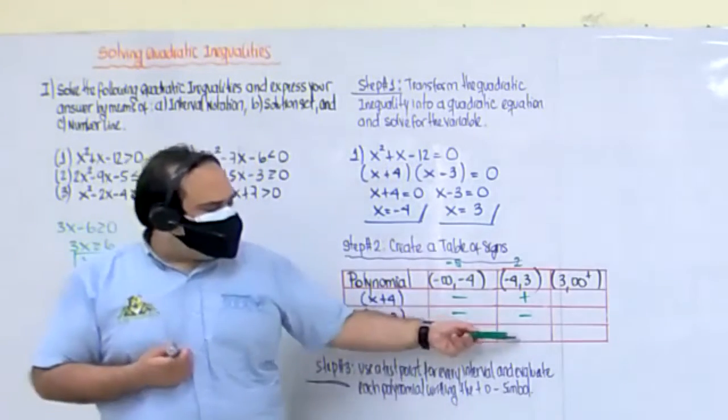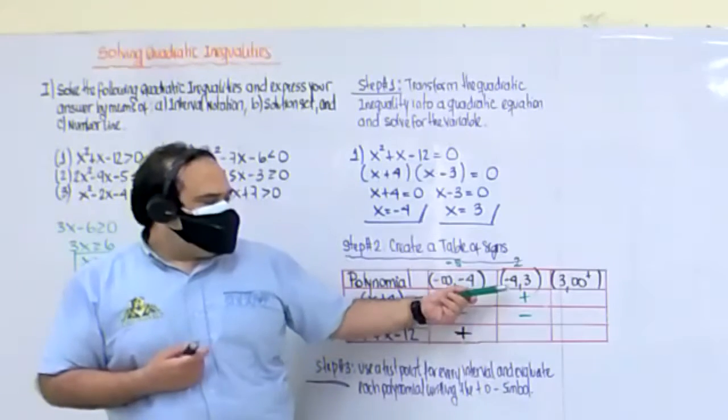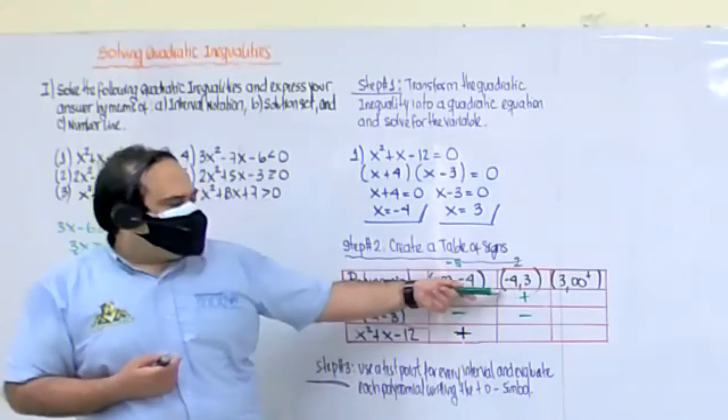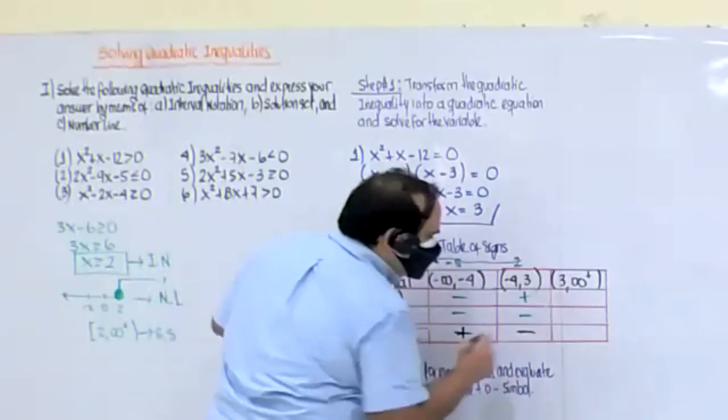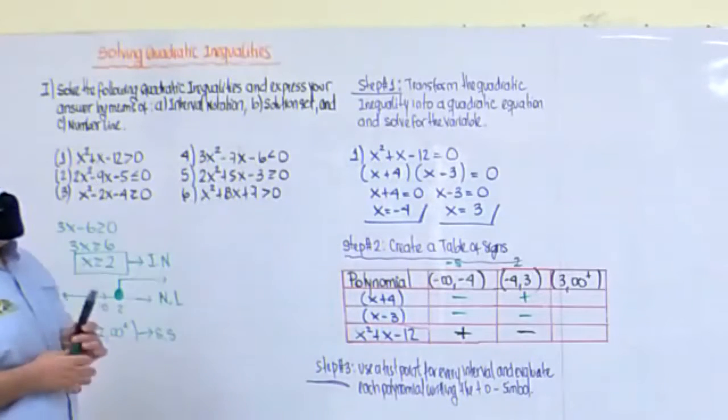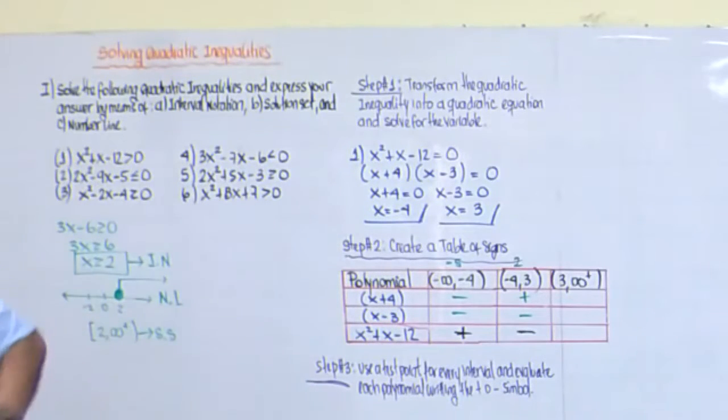And below will be the product of their signs. Negative times positive, positive times negative, will be negative. We have the second answer for the table of signs. And the last one is that I noticed something.